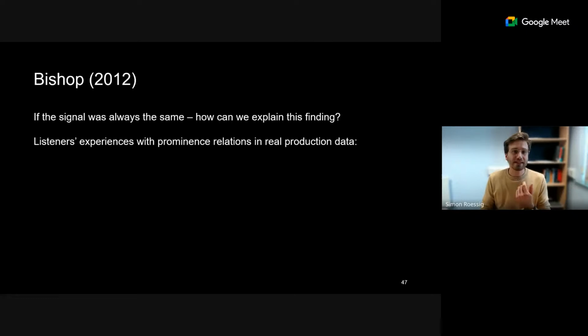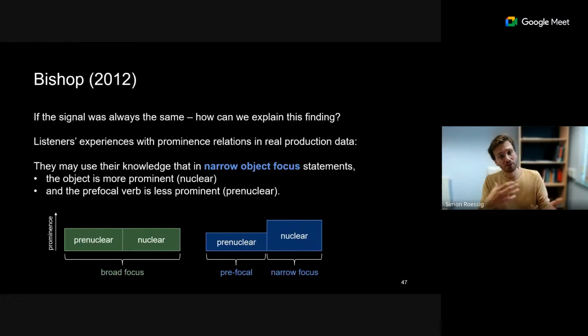Well, one explanation is listeners rely on their experiences with prominence relations that they have from being exposed to real production data. So they may use their knowledge that in narrow object focus statements, the object in the nuclear position is more prominent, and the prefocal verb in the prenuclear position is less prominent.